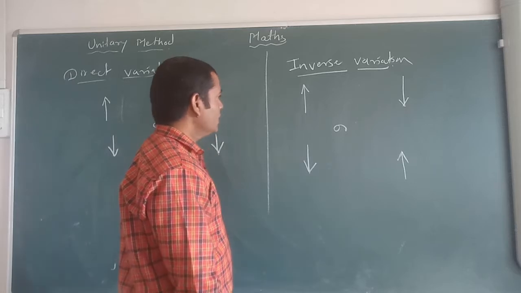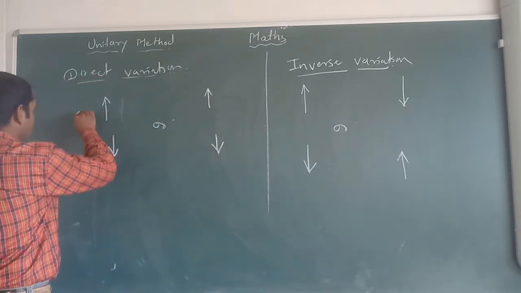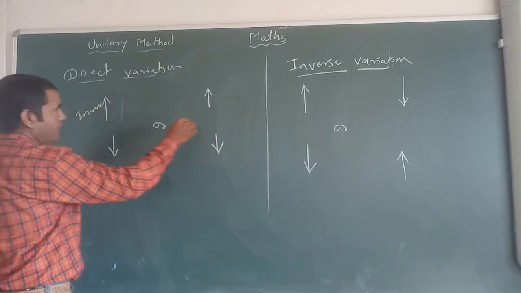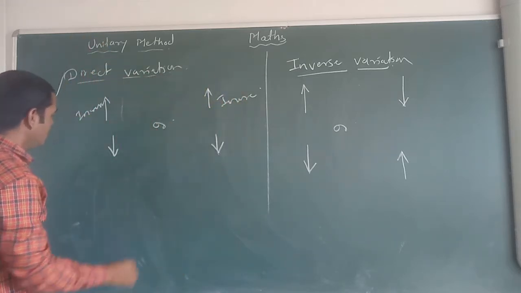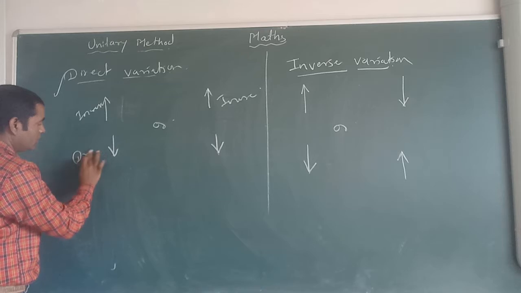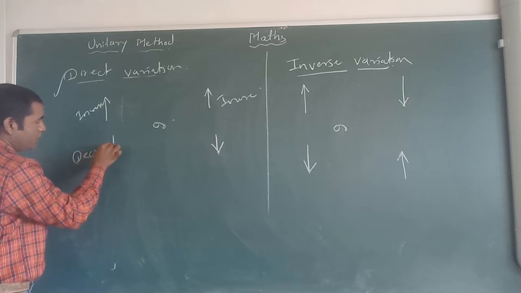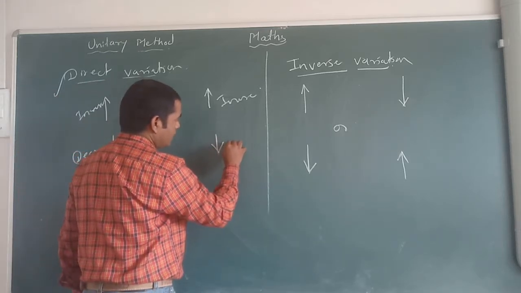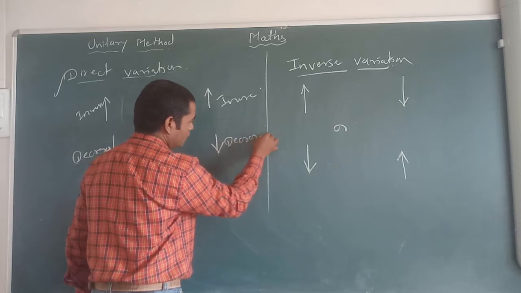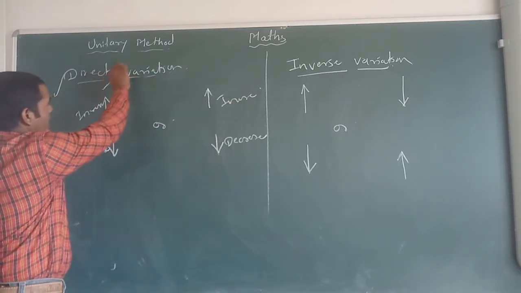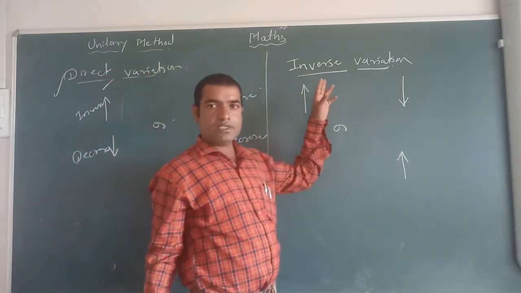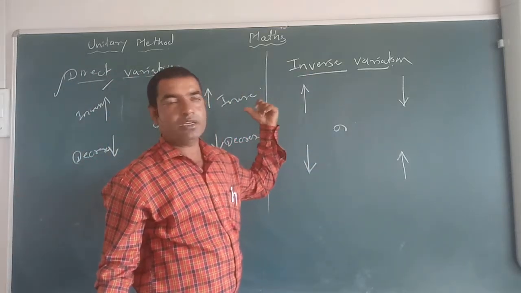In direct variation, when the first value increases, the second one also increases. If the first value decreases, the second value also decreases. But it is not the same in inverse variation.